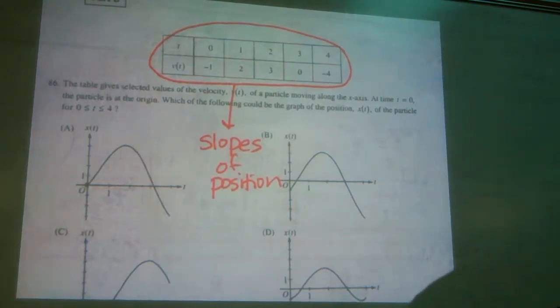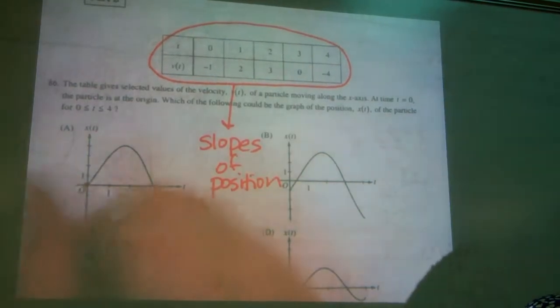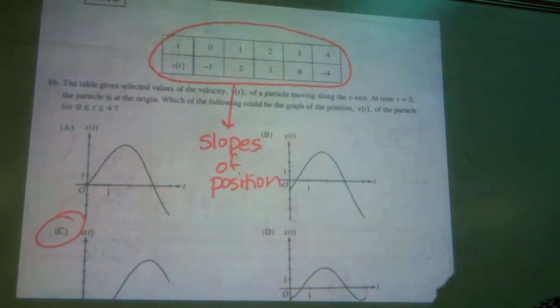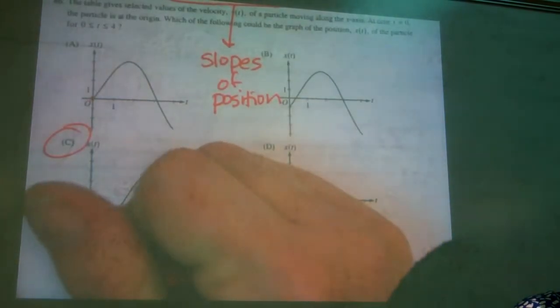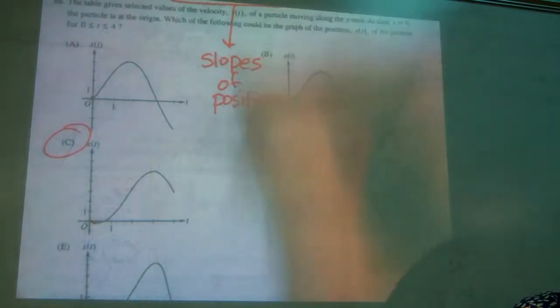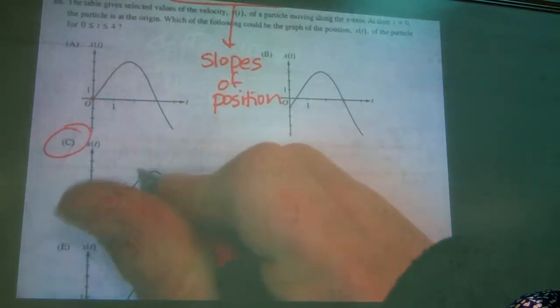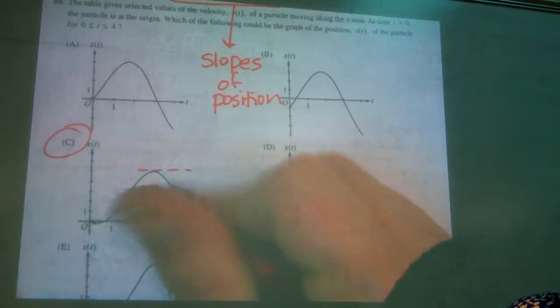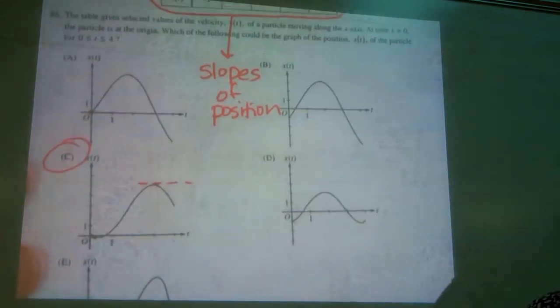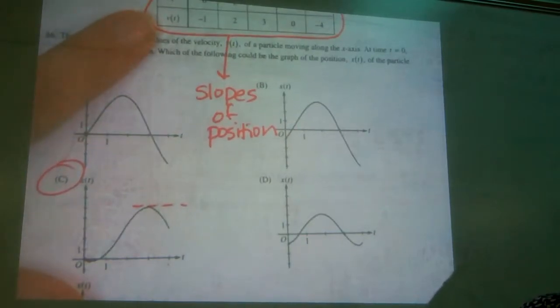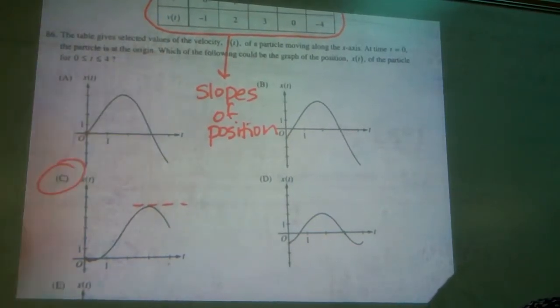It looks like it's close to 0. So the only one that fits is this one. It's got negative slope, positive slope. When I get to 2 over here, the slope's even steeper. At 3, the slope would be 0. At 4, the slope's negative. So here you just had to recognize that velocities were going to be the slopes of your position graphs.